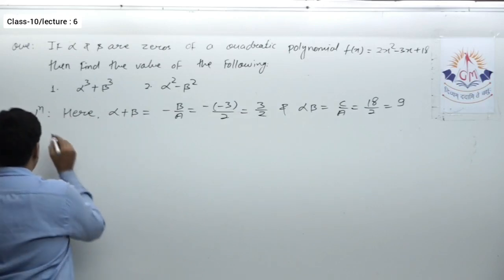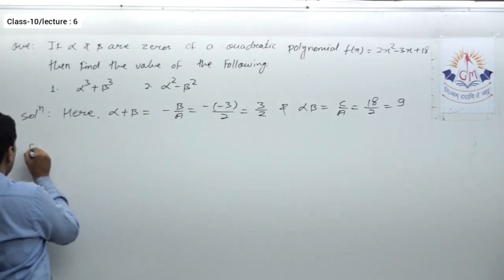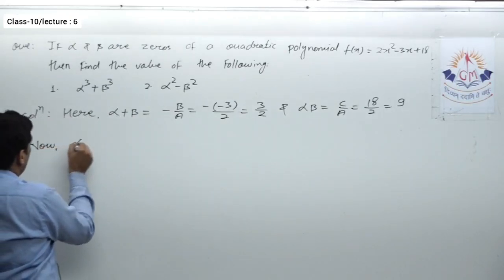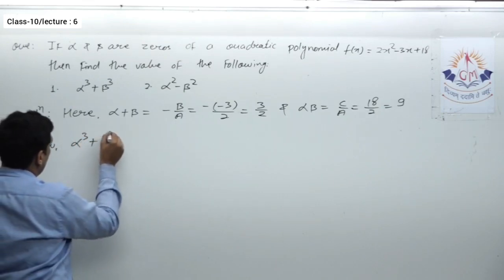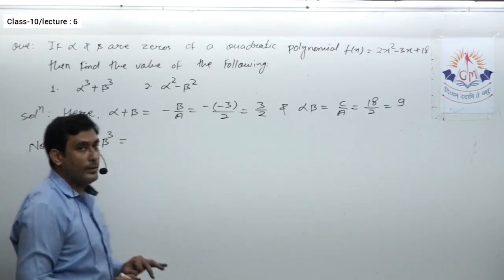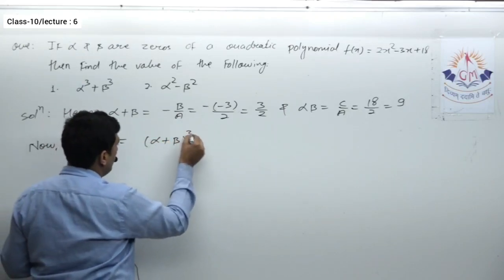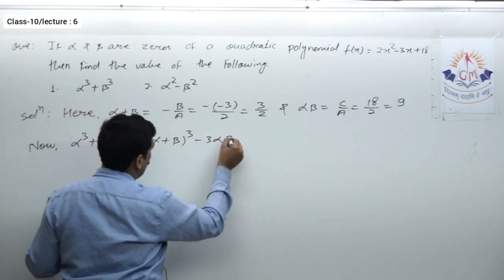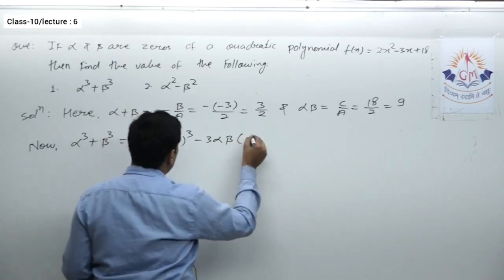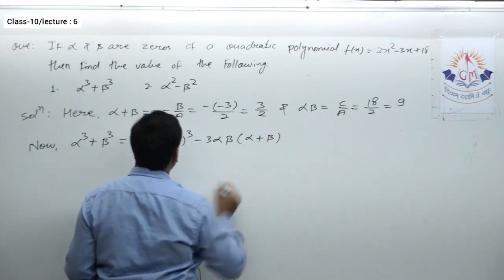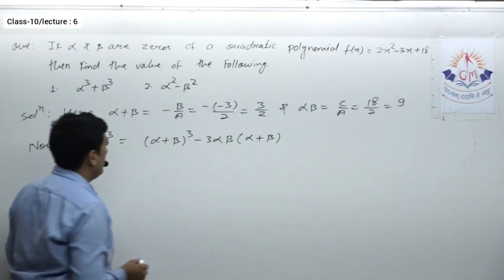Now we have to obtain the value of alpha cube plus beta cube. Here you must have the identity of a cube plus b cube, that is (a plus b) whole cube minus 3ab into (a plus b).